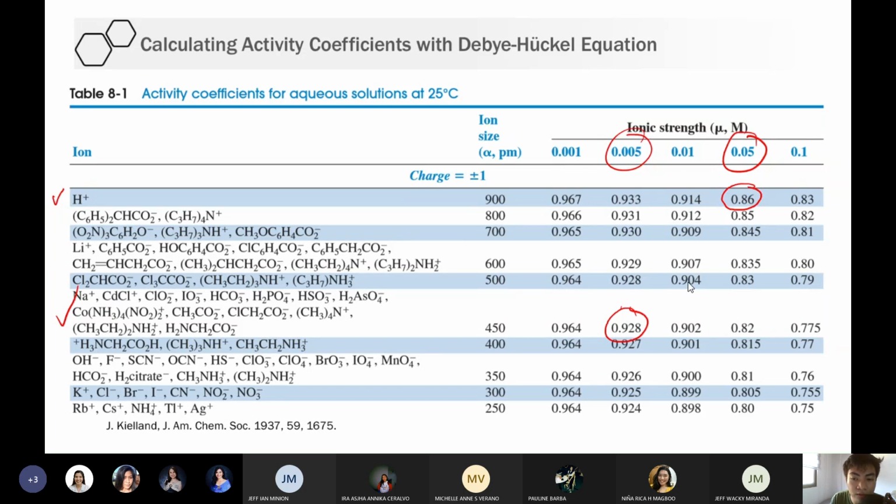However, if you have an ionic strength greater than 0.1 or less than 0.001, if you have ionic strengths outside this table's range, then sadly, you have to use the Debye-Hückel equation. But if your ionic strength is within this range, then you can use this table.